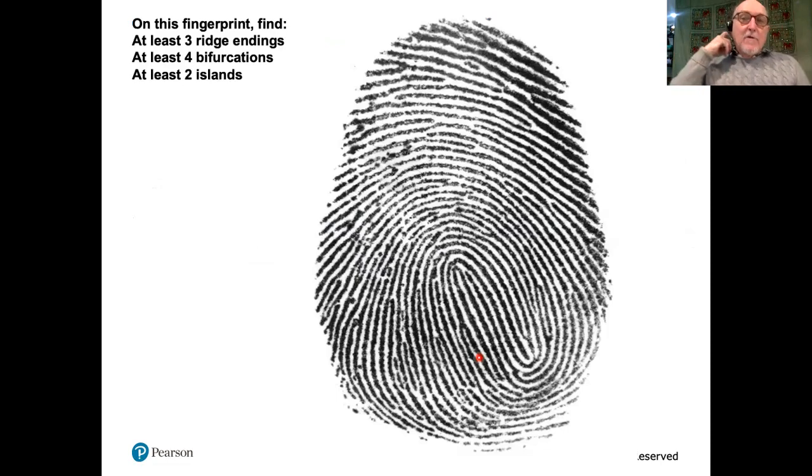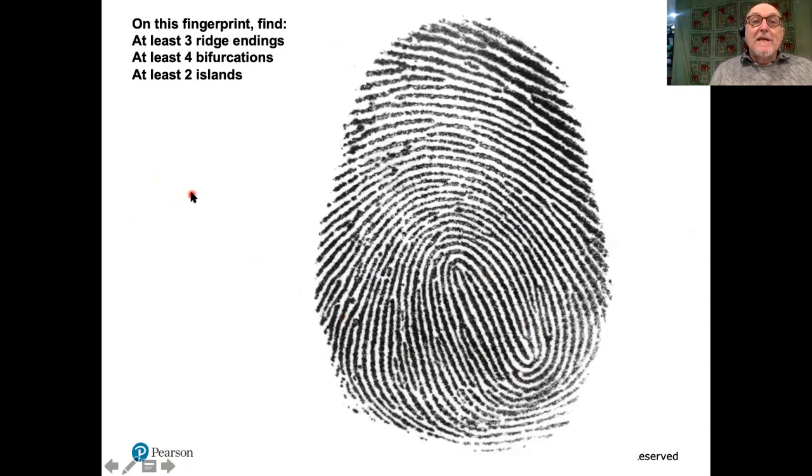Okay, so I've given you this just as a little exercise. Here's a print, it's just a blown up print, and I want you to go through here and try and find these different features.